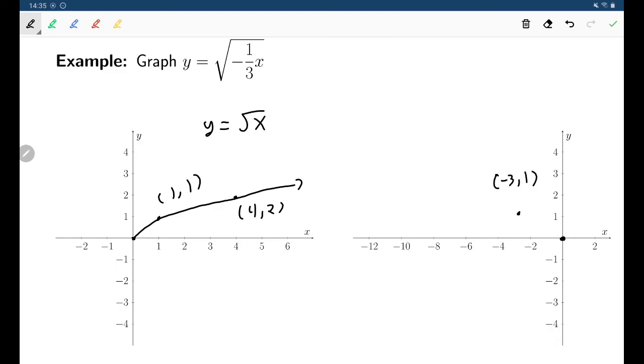And then same thing with the last point there, 4, 2. Take the x coordinate and divide by -1/3. That's the same thing as taking the x coordinate and multiplying by -3. That brings me to -12, 2.